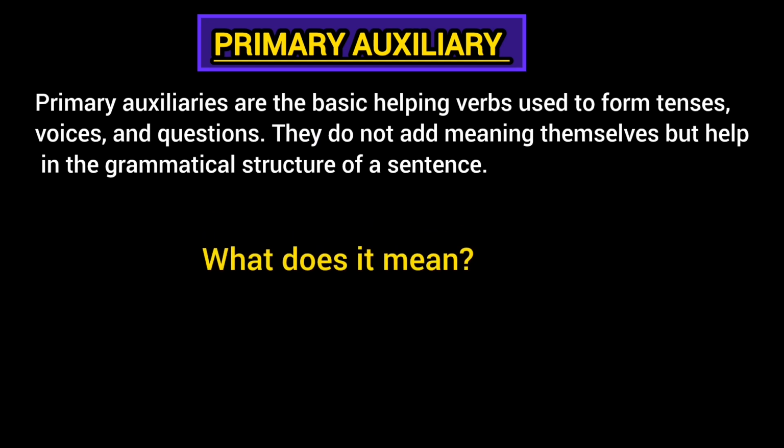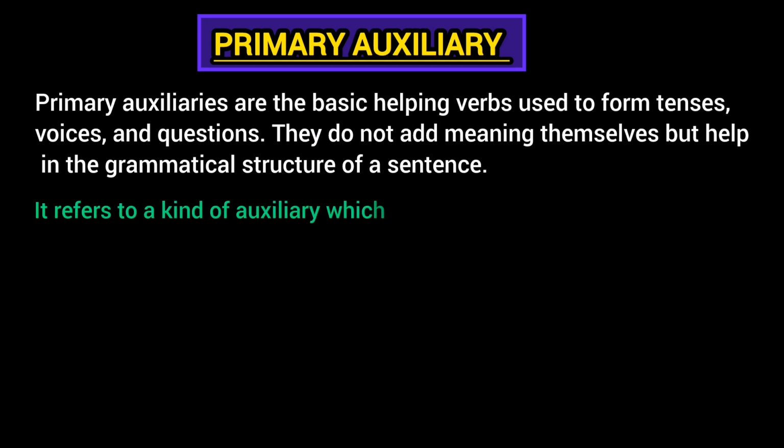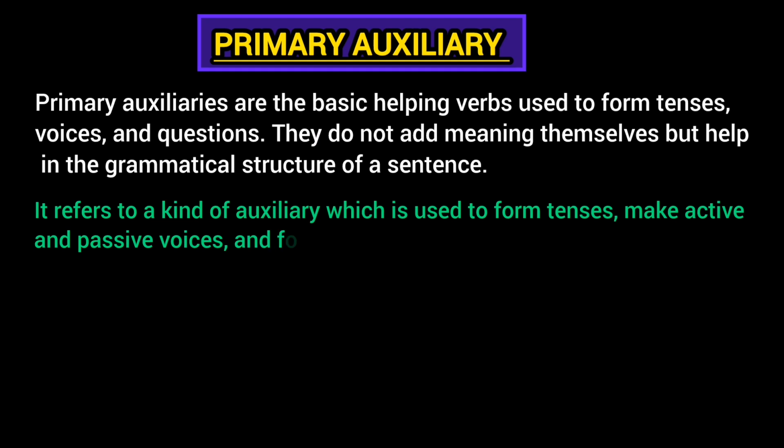What does it mean? Simply, it means that a primary auxiliary refers to a kind of auxiliary which is used to form tenses, make active and passive voices, and form questions. You should remember the main point that a primary auxiliary does not add meaning to the sentence like showing necessity, obligation and possibility, etc., but it only functions to form the structure of the sentence.